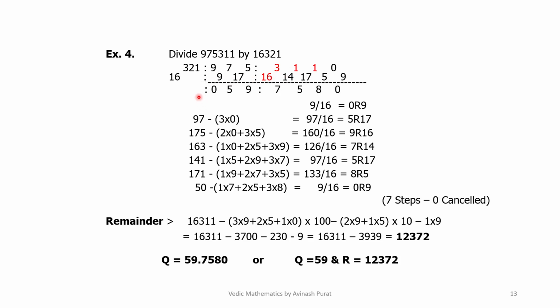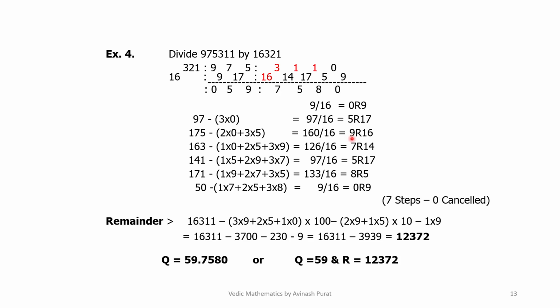So 9 divided by 16 is 0, quotient 0 and remainder 9. 97 minus 3 into 0 is 97, divided by 16 equal to 5 and remainder 17. 175 minus 2 into 0 plus 3 into 5, that is 160, divided by 16.